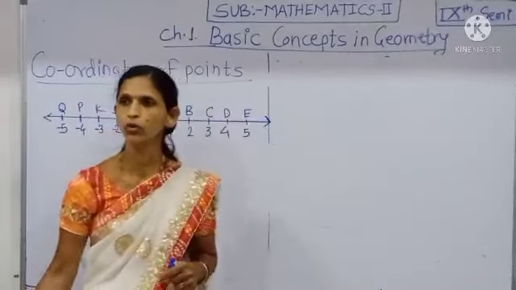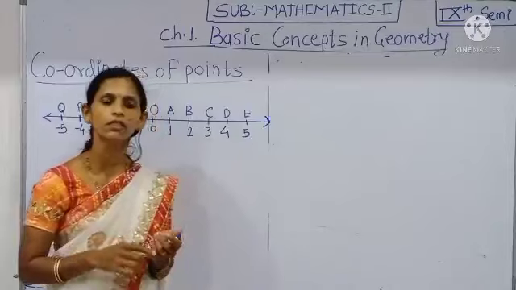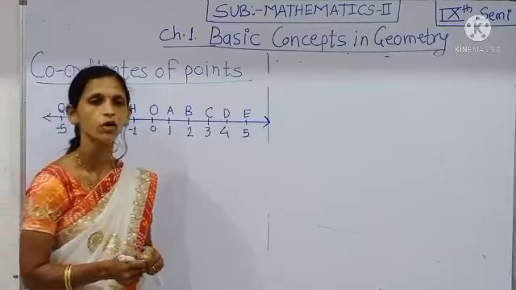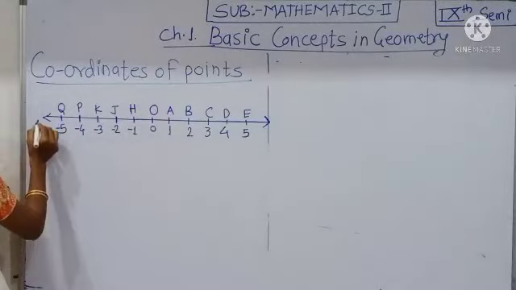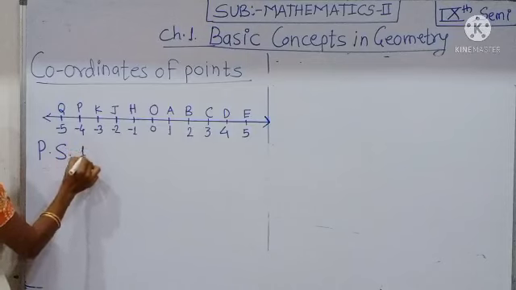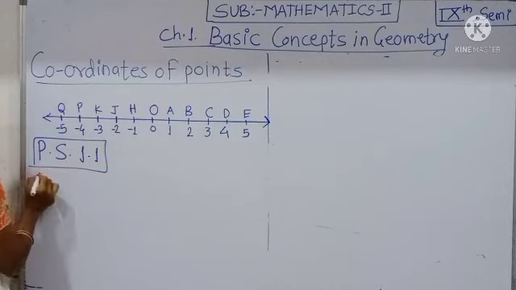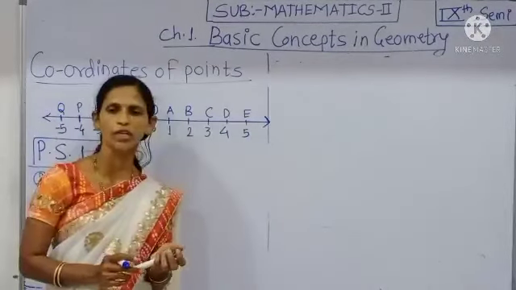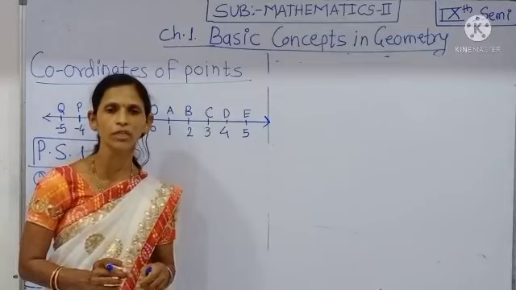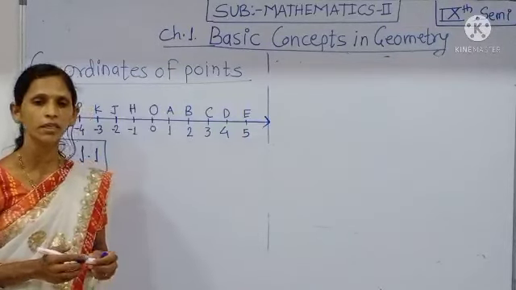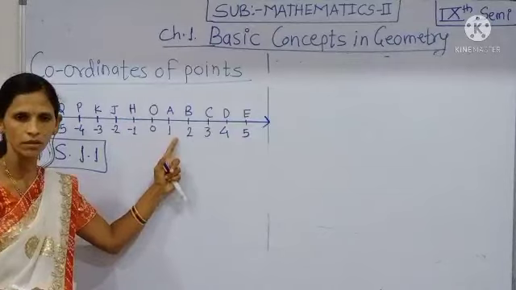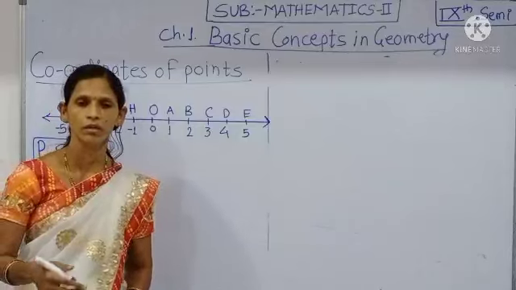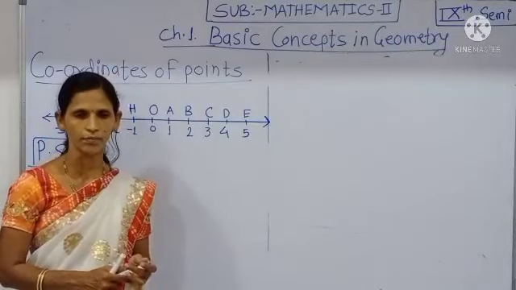That means the betweenness property and the distance between two distinct points are related with each other. Then we have to solve these examples from practice set 1.1, question number 1. The number line is given here, and we have to find the distances given in the following examples.